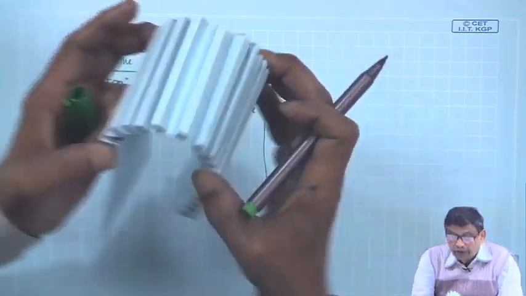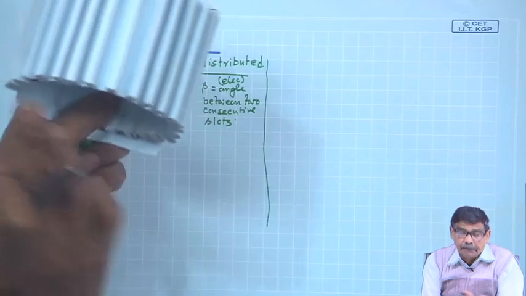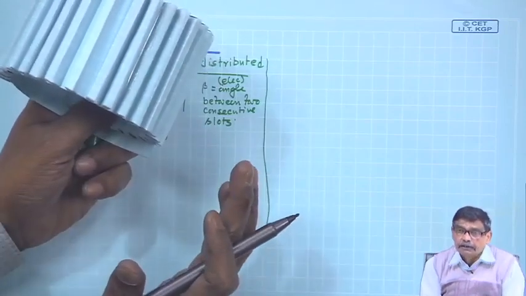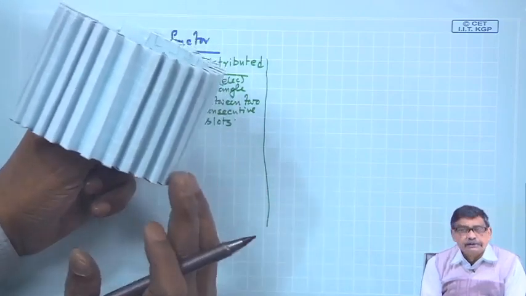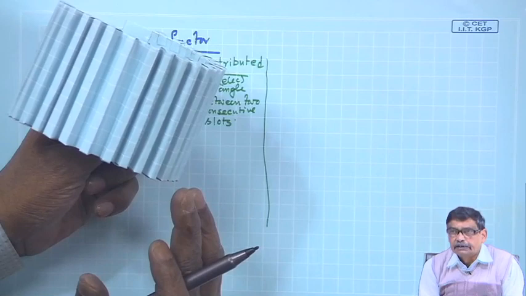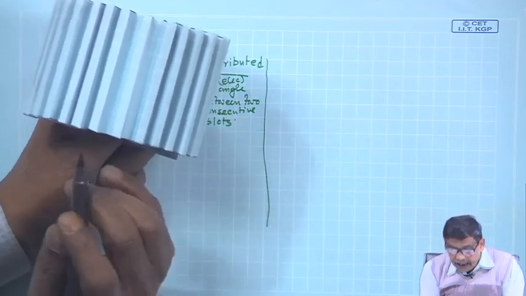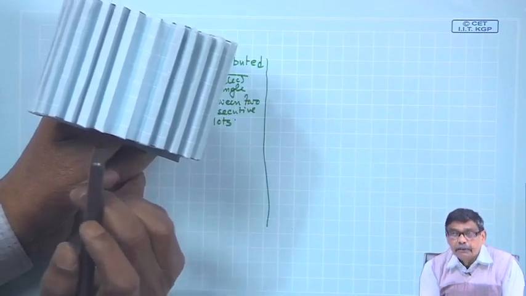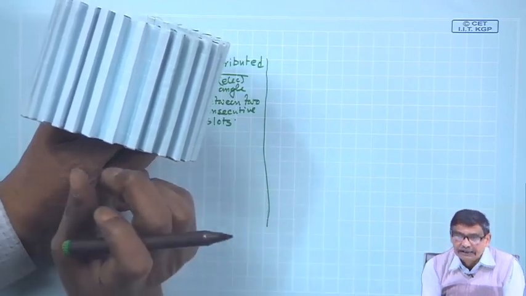Because it is after all round, I can calculate: 360 degrees mechanical, and suppose the number of slots is 36, then 360 degrees divided by 36 is 10 degrees. So, I will say the angle between this slot and this slot is 10 degrees mechanical, and what is the electrical degree?